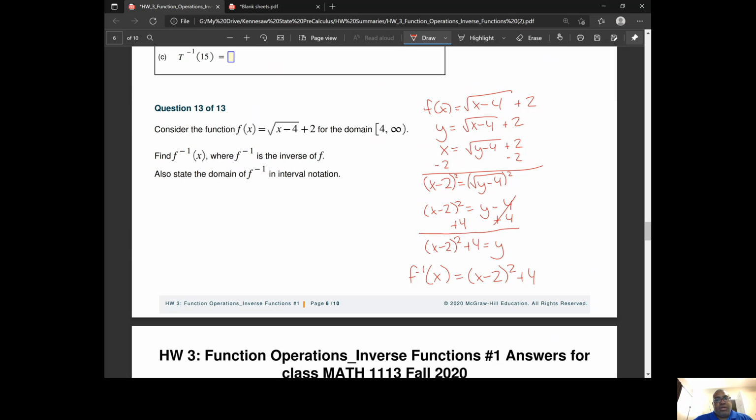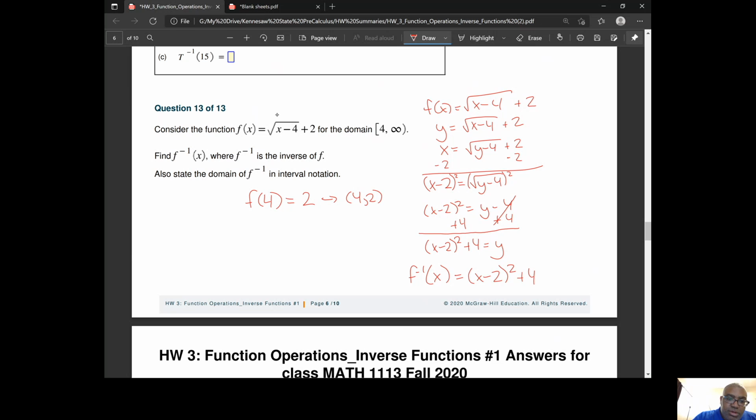Okay. Now, tricky part. Domain. If I put in 0, let's do it like this. f of 0 is equal to, I can't be 0. The lowest x I can have is 4. 4 is the minimum value of the domain of my original function. And f of 4 is equal to 2. So that yields the point 4, 2 as a minimum value.